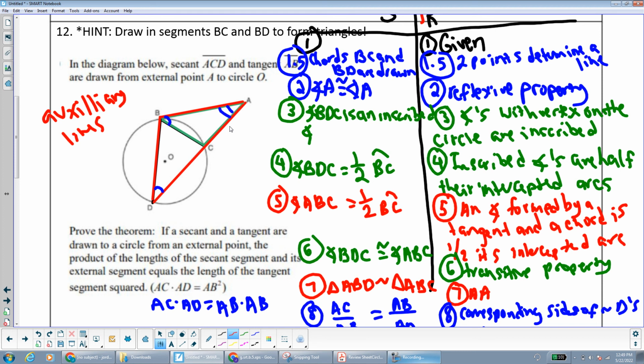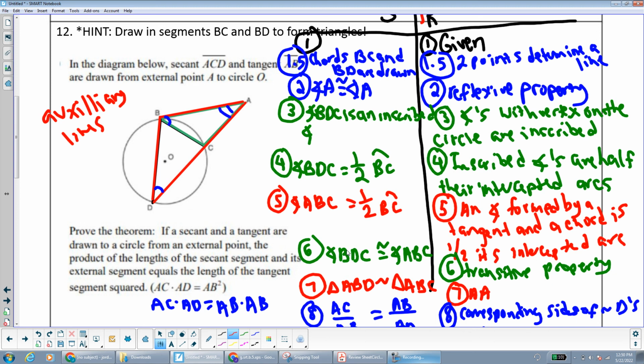Then I mentioned the shared angle, angle A, between the big and the small triangle. It's congruent to itself by the reflexive property. I mentioned that this angle BDC is an inscribed angle because its vertex is on the circle. And then, since it's an inscribed angle, we do know that it's half the measure of BC, its intercepted arc, because inscribed angles are half the measure of their intercepted arcs.